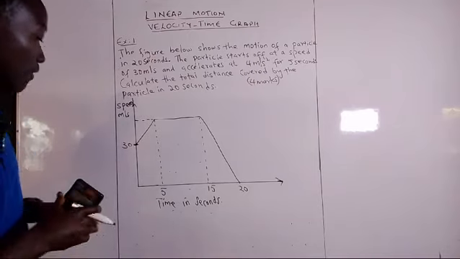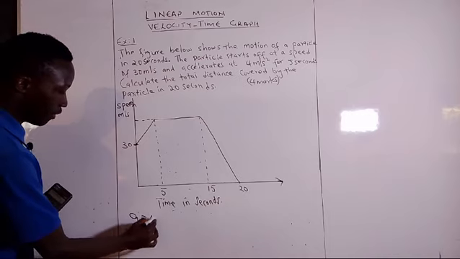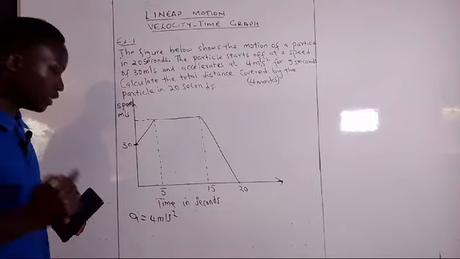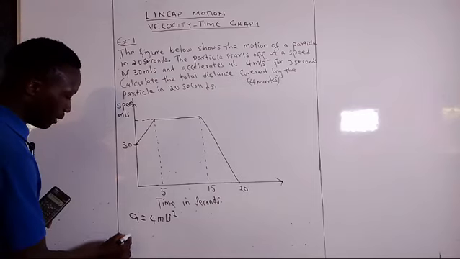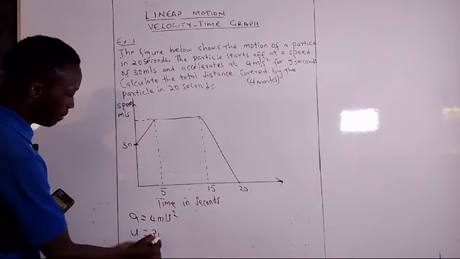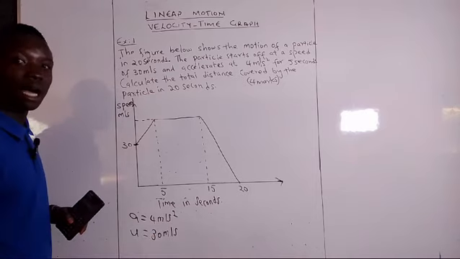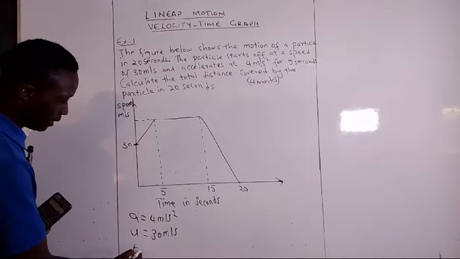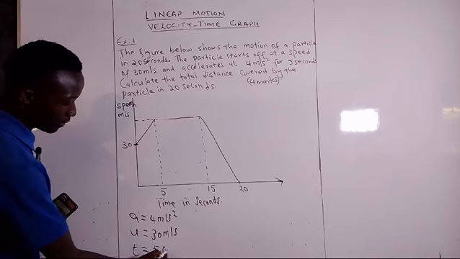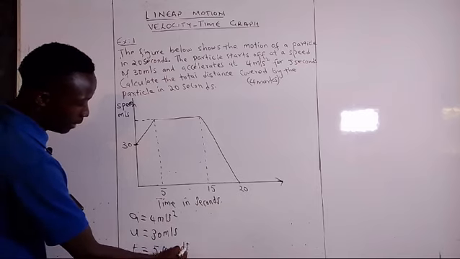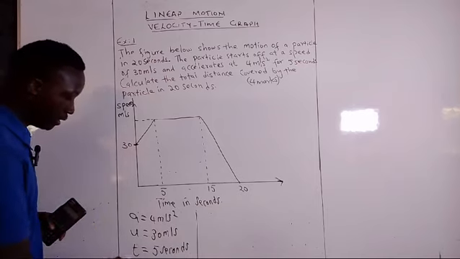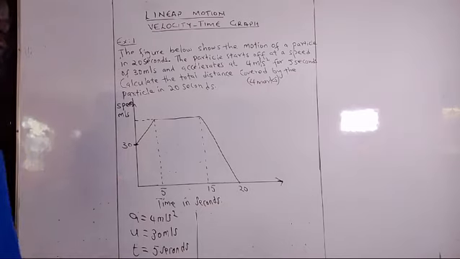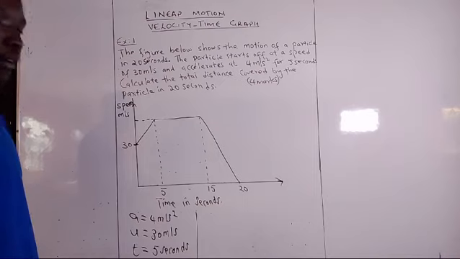Bearing in mind, we have the acceleration as 4 meters per second squared, the initial velocity, which we represent with u, as 30 meters per second, and the time taken, represented by t, as 5 seconds. We must determine the final velocity, which is represented by v.